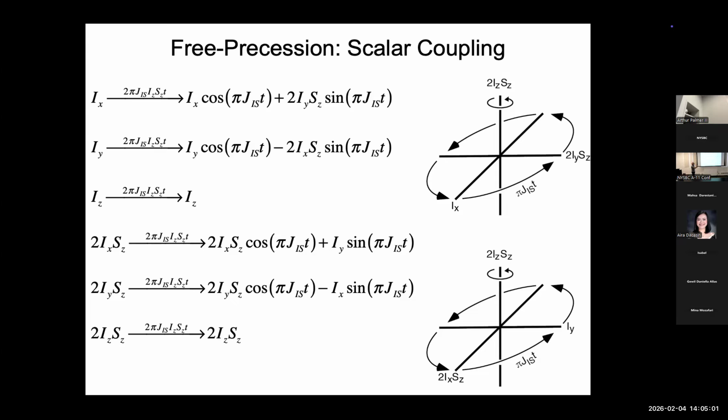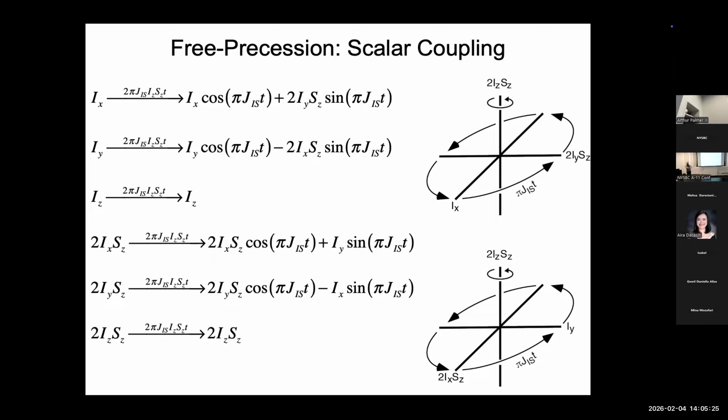And then I have IX going towards 2IYSZ. So what does that mean in practice? In practice, IX is IX S alpha plus IX S beta, my in-phase doublet.